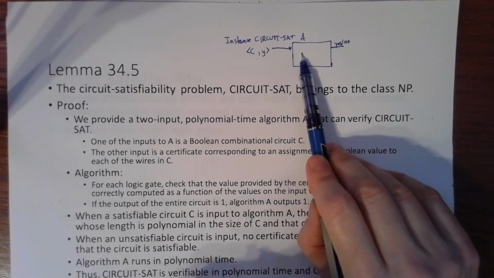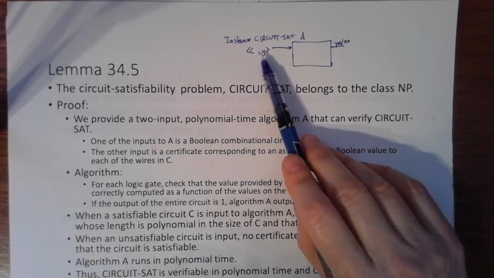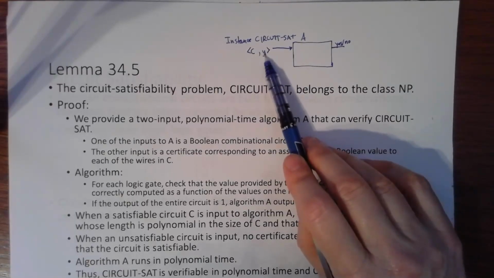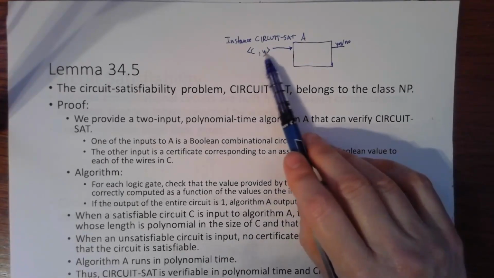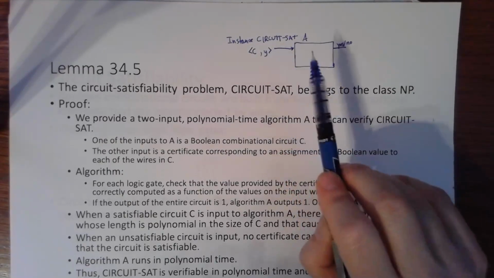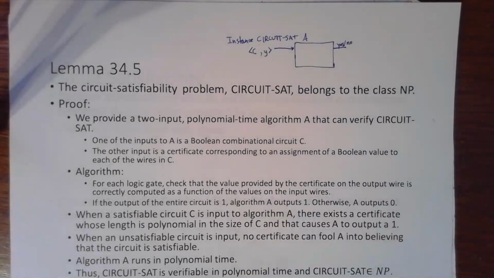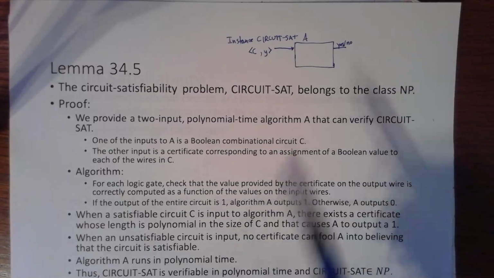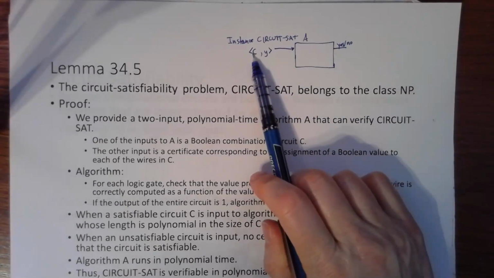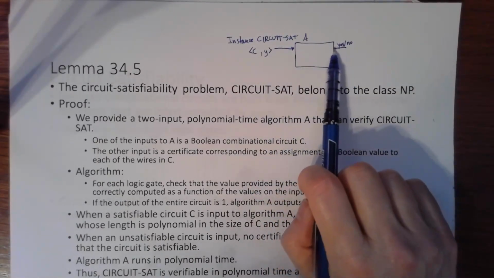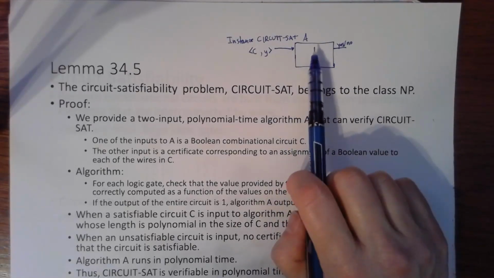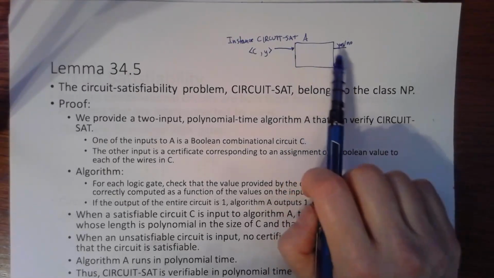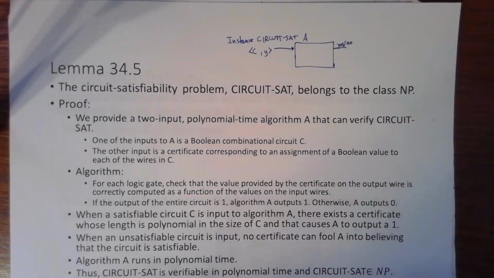We have to make sure that Y is actually consistent with the circuit. And after we see that it's consistent with the circuit, then we just have to check whether the output answered yes or no. If it answered yes and accepted it, then we know that it's a valid solution.